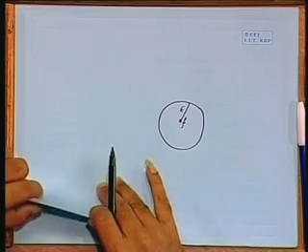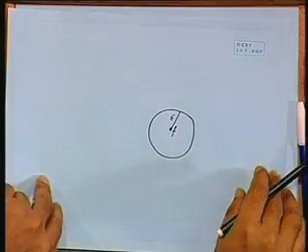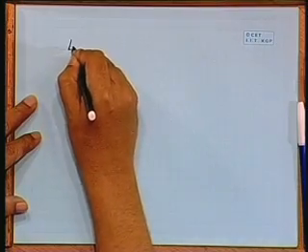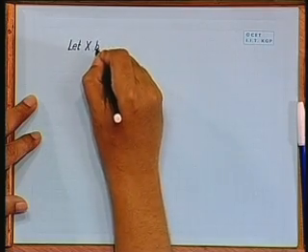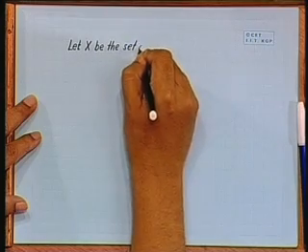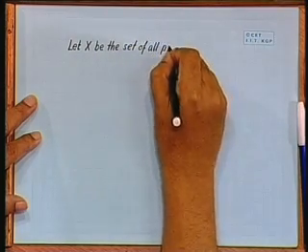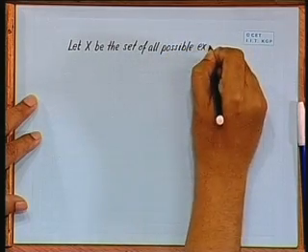So, let me first give some definitions. Let X be the set of all possible examples.